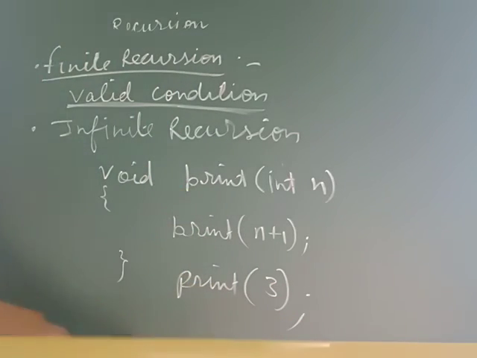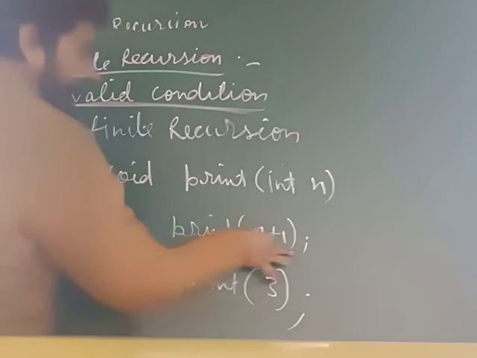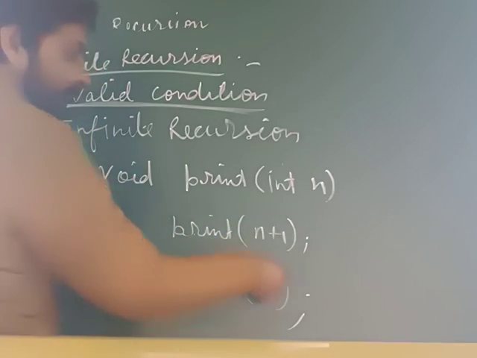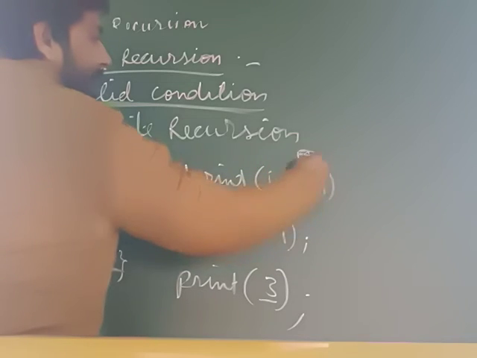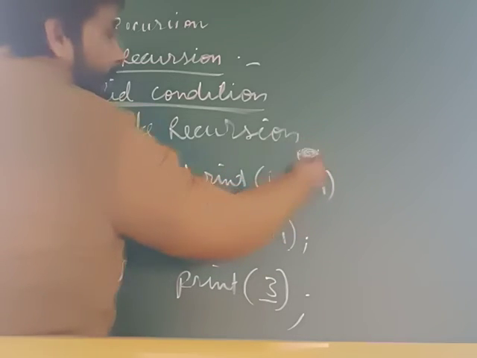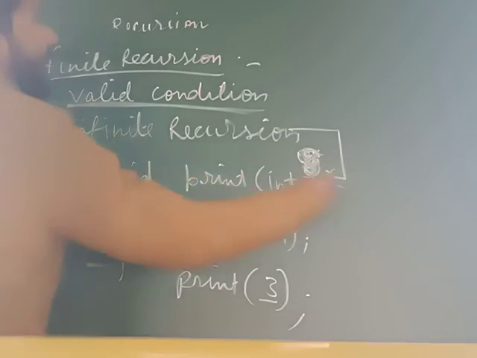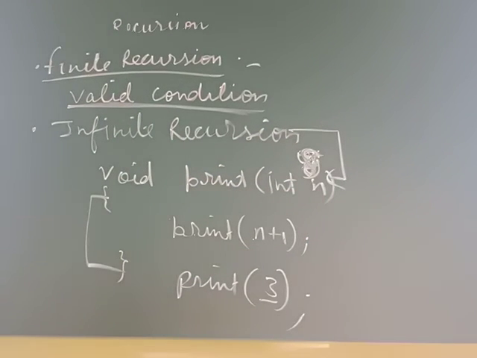Now this recursion will never stop. Print n plus 1. Here goes 3, 3 plus 1, 4, then 5, then 6, then 7, 8, 9, 10, 11. So it will run infinitely, because there is no valid condition provided here.